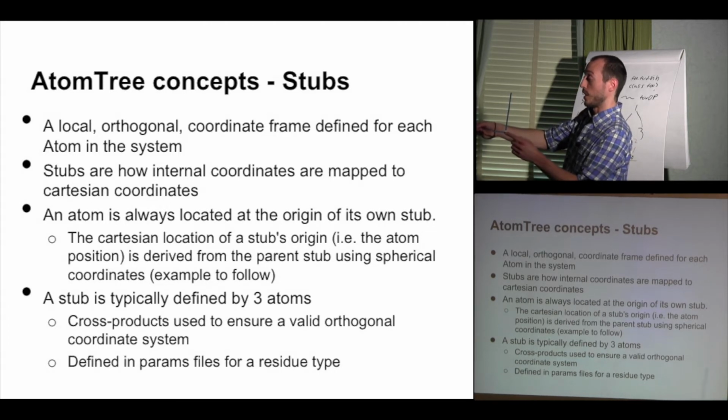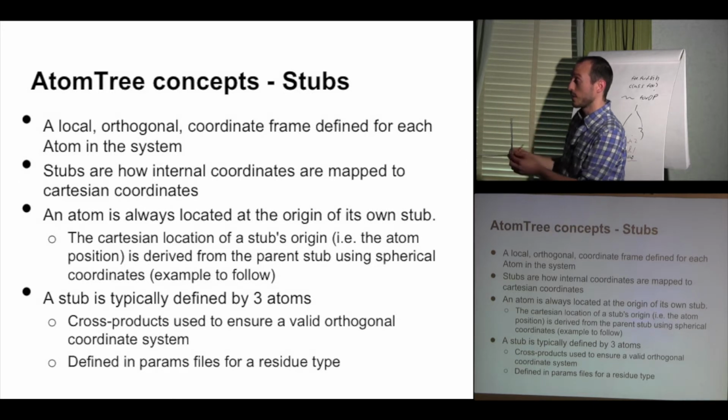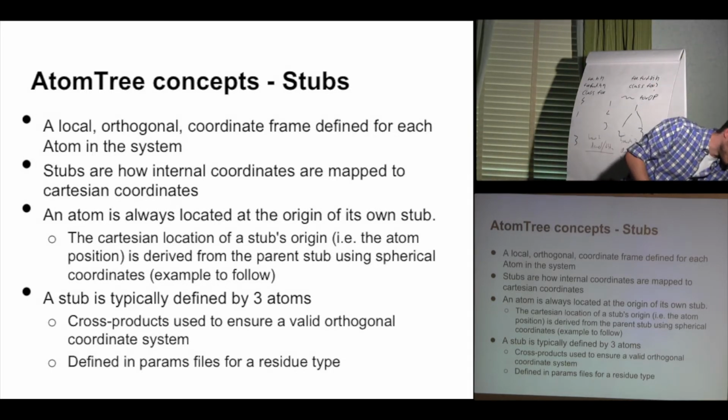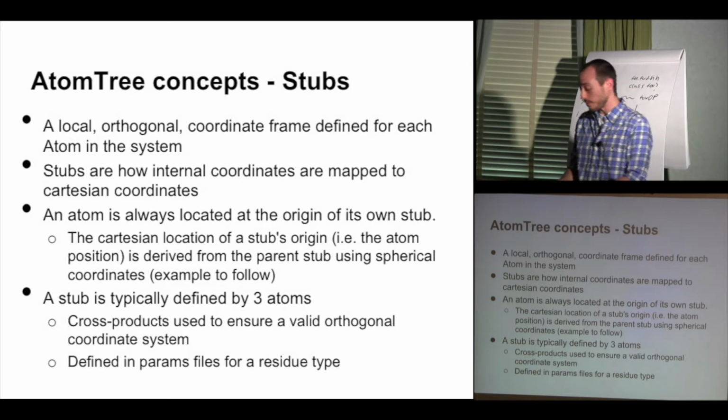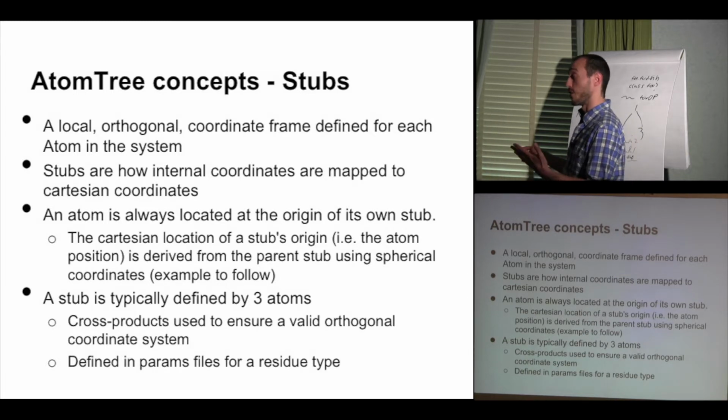And the third atom in the system defines this plane. If we take the cross product of our first bond and our second bond, that'll give us our z-axis. And then if we take the cross product of these 2 vectors, that gives us our y-axis. That's how a completely orthogonal coordinate system is generated from 3 atoms that you give it in pose. And that's how we define stubs in Rosetta.